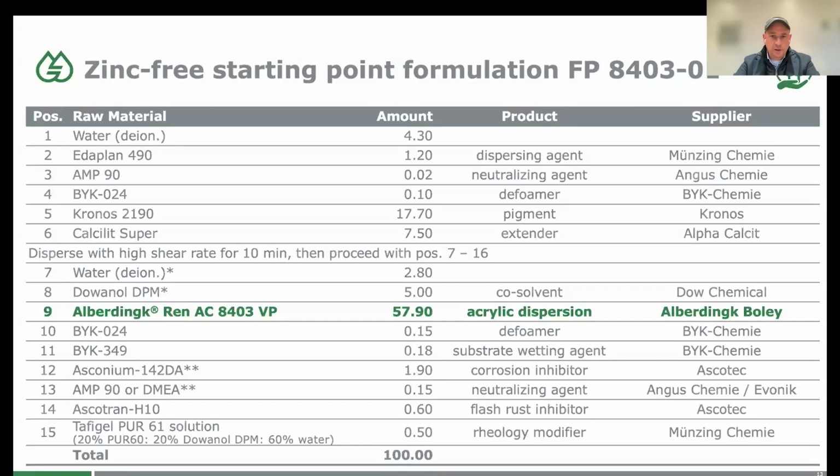So this is a PVC 22 formulation, and what you should take special note of is we are using here a particular dispersant, the EDAPLAN 490. We are using a fairly standard small particle size calcium carbonate, standard solvents, water soluble in this case because our polymer is extremely hydrophobic, so we prefer to have hydrophilic solvents.